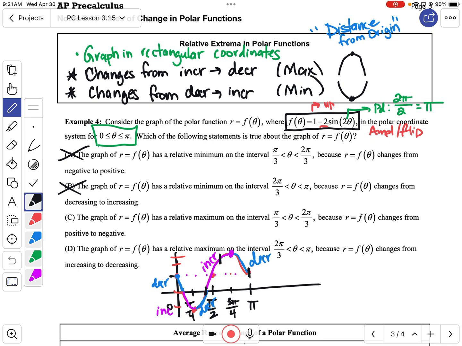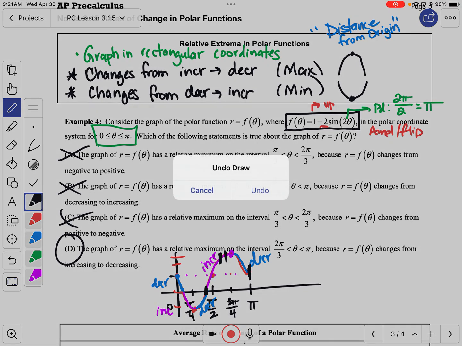So let's see, pi over 3 and 2 pi over 3. I do not change. I stayed all increasing. Luck of the draw, it must be D, but let's make sure. From 2 pi over 3, so this first black line, to 2 pi over here at the end, I changed from increasing to decreasing. That would give me a maximum.